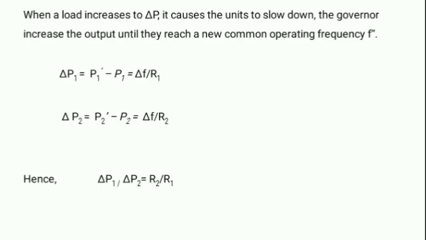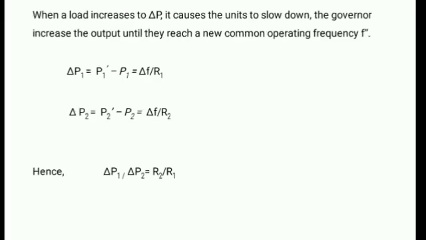Since the change in the frequency is the same for both the generators which are connected in parallel, from these two equations we can conclude that delta P1 upon delta P2 is equal to R2 upon R1. From this formula we can see that the change in the power is inversely proportional to the speed regulation parameter.